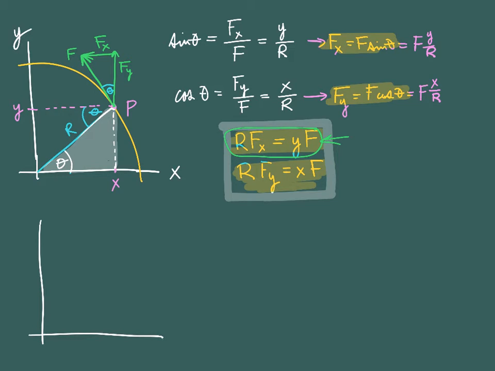I'm going to redraw this system again, except we're going to apply the force instead of tangent to the path. This force is going to get applied in a way that's consistent with the coordinate system. So we still have, I won't label it, the point P of R there, still have theta.